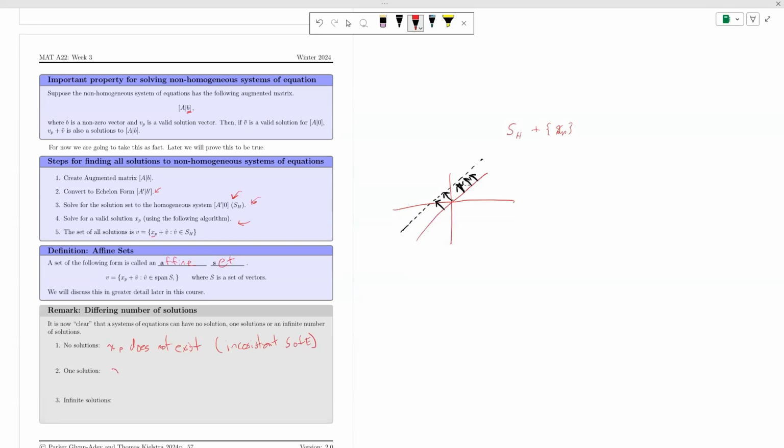Now, for one solution, our particular exists, and our set of homogeneous solutions is equal to just the zero vector.